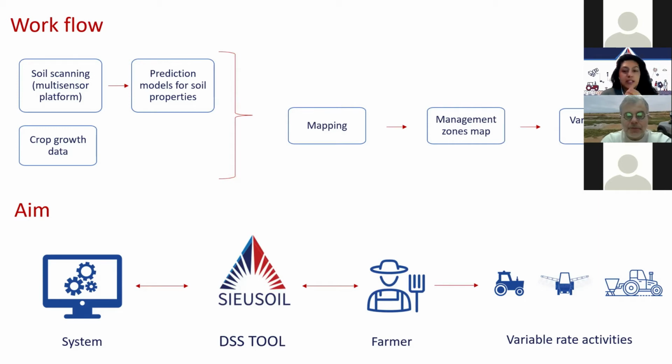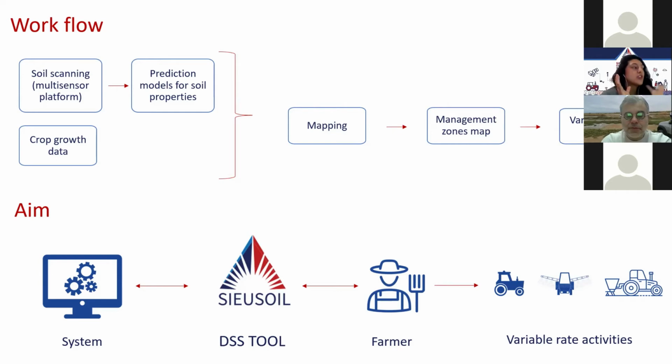On the other hand, we have the mapping of these soil and crop parameters, and by data fusion techniques of these variables, the management zones map is developed. Finally, with this management zone map, several variable rate maps or recommendation maps can be developed for different management in the field.